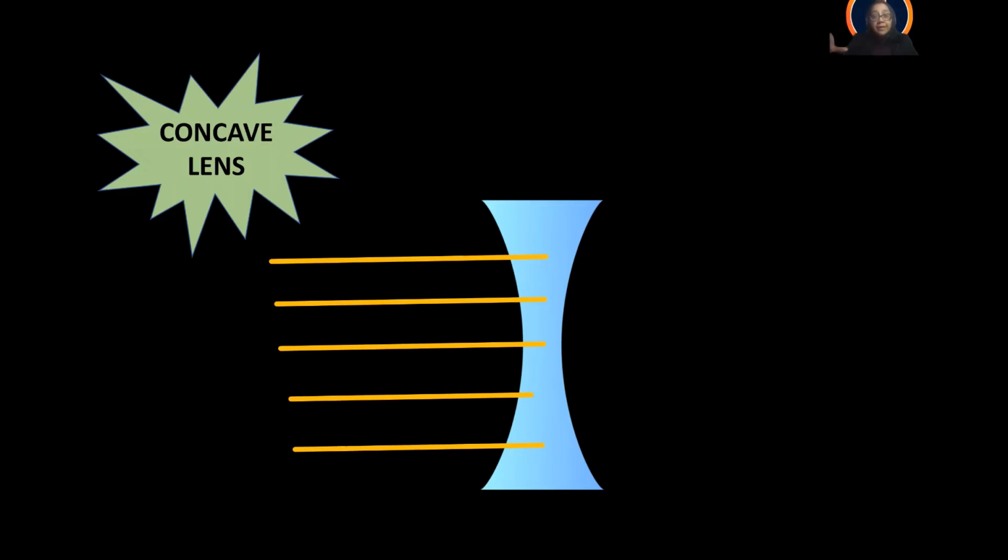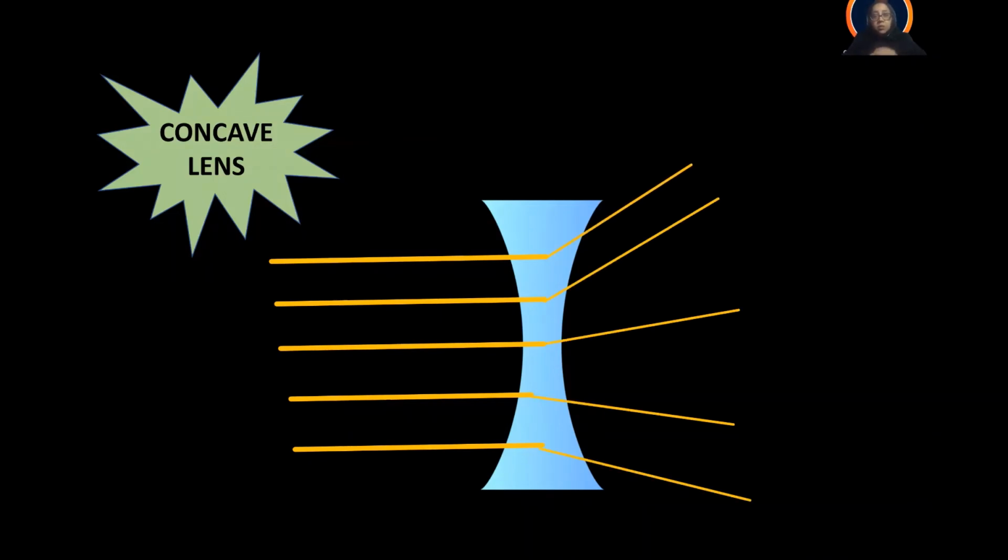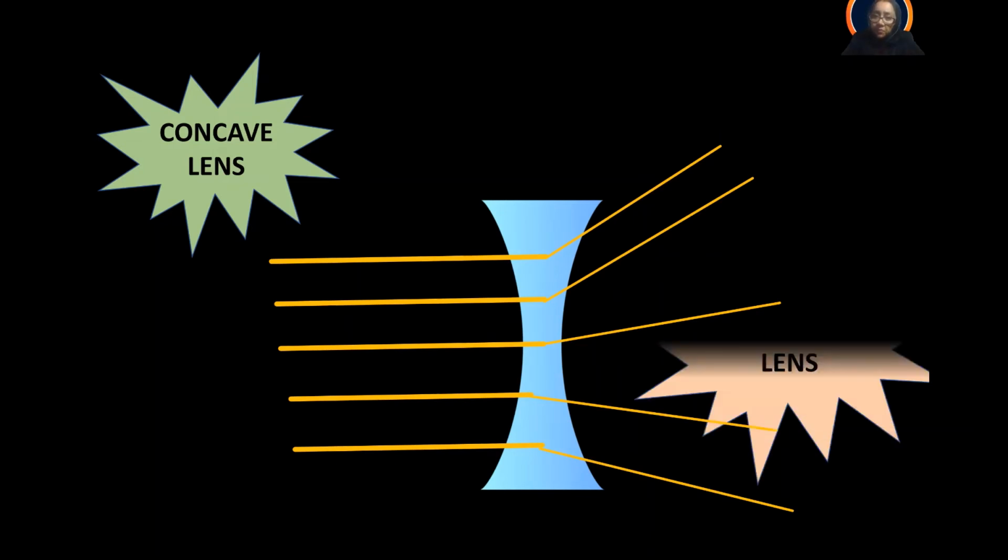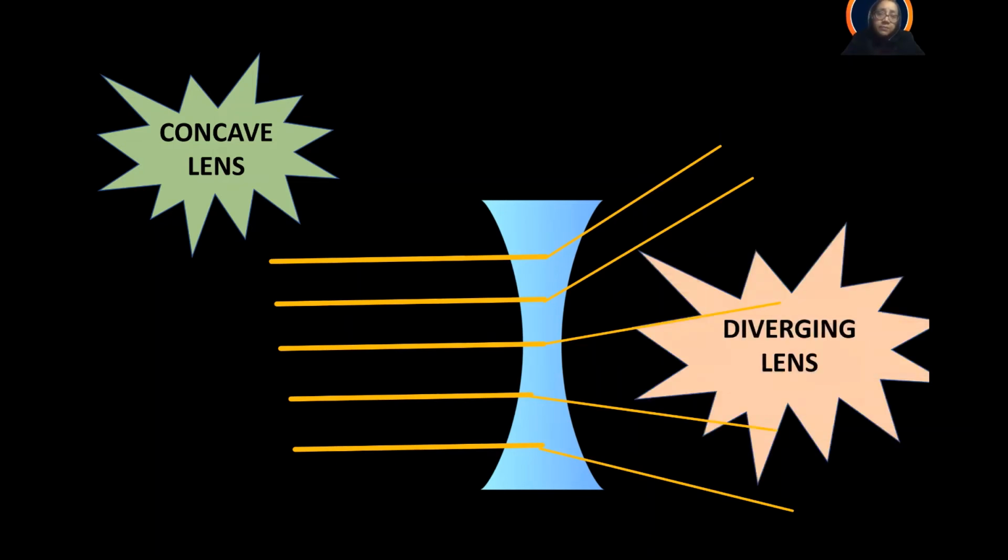So we also call it a converging lens for the convex lens. Now for this concave lens, the property is just the opposite. So the refracted rays actually diverge, and hence the concave lens is also called the diverging lens, because the refracted rays diverge from each other after refraction.